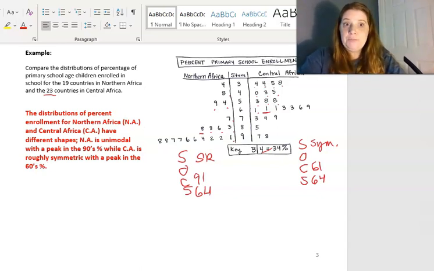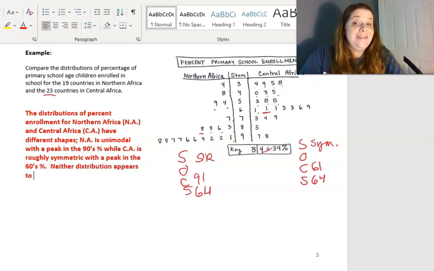Okay? All right, so there's my shape. I'm going to say neither distribution appears to have any outliers.